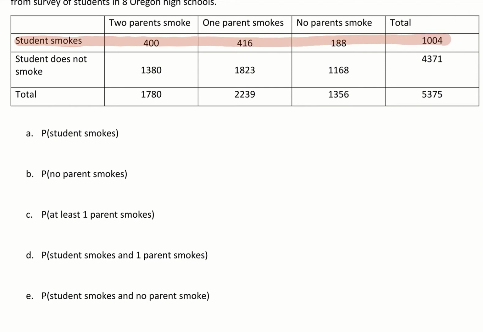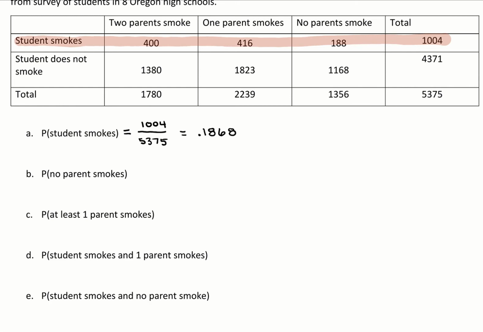When we look at a single characteristic, your denominator is out of everyone. Out of everyone we surveyed, what's the probability that the student smokes? We take the total number of students that smoke, which is 1,004, out of our total sample size, which is 5,375. That's 0.1868.